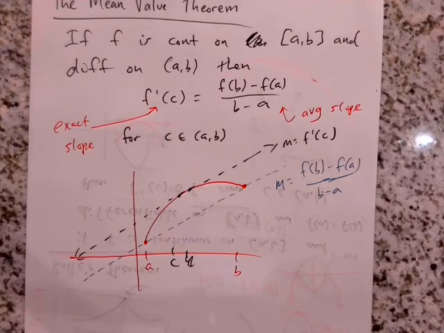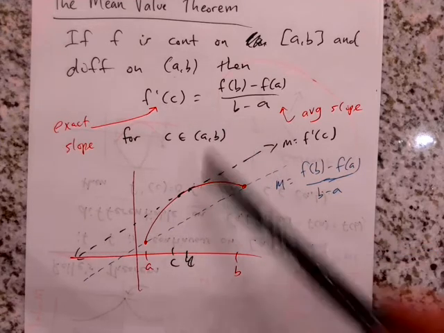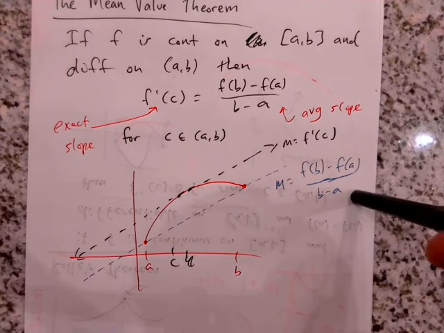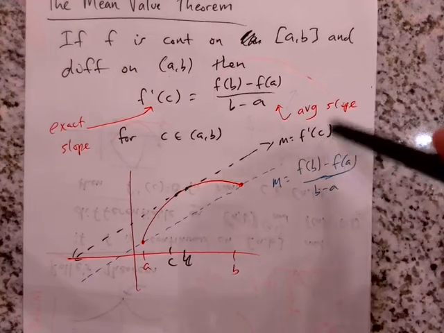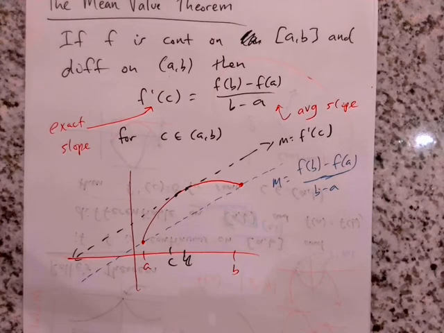Which actually makes sense. If you think of the derivative as being the rate of change of the graph, it's like how fast the graph goes. So for example, velocity is the derivative of position. And what this theorem says is pretty much you can't average a speed unless you go that exact speed somewhere on your trip.